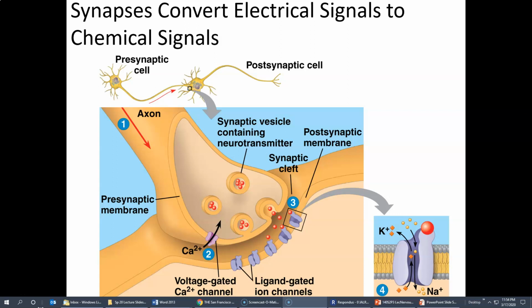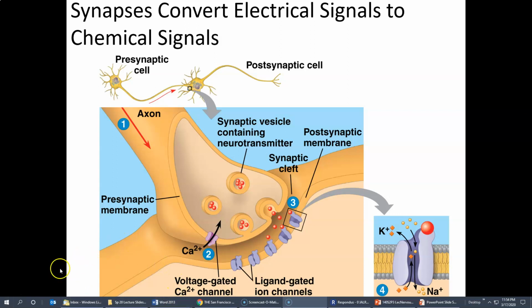It doesn't have to be an end bulb. As an example, autonomic nervous system endings like the sympathetic system have what they call varicosities, which are like little beads on a string that all individually release neurotransmitters. So it has multiple endings and a much more diffuse effect because of that.